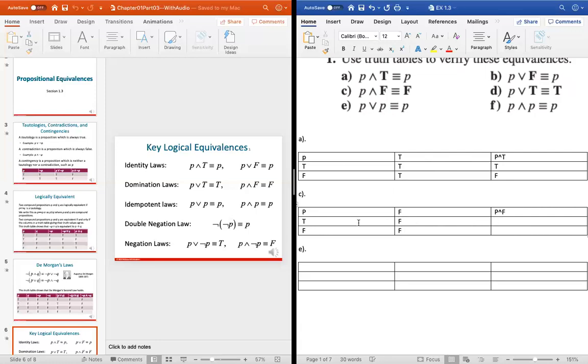So when I AND true and false, it's going to be false. And when I AND false and false, it is also false. So here, the result of this, false false, is equal to this false. So the false truth values are these, and the P and F compound proposition truth values are these, and they are equivalent to each other. So we proved using the truth table that they are equivalent.